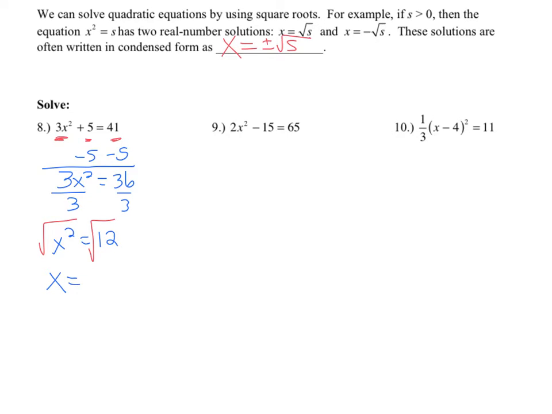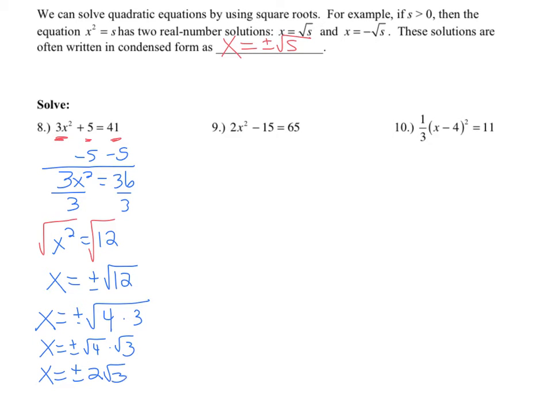When solving an equation and you take a square root, you have to remember plus or minus every single time. So we have x equals plus or minus the square root of 12, but I can't leave it as 12 because there's a perfect square inside of that. It's 4 times 3. So I break it down into the square root of 4 times the square root of 3. I square root the 4, and so my answer is x equals plus or minus 2 square roots of 3.